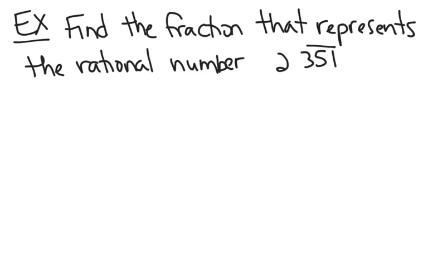The neat thing about infinite geometric series is they can be used to find the exact fraction that represents some sort of repeating decimal. Now, in this repeating decimal, 2.351, I'm trying to make the line look more like it should.